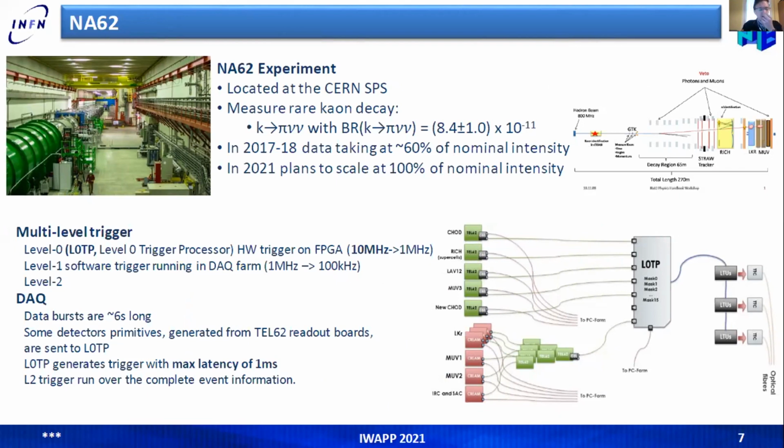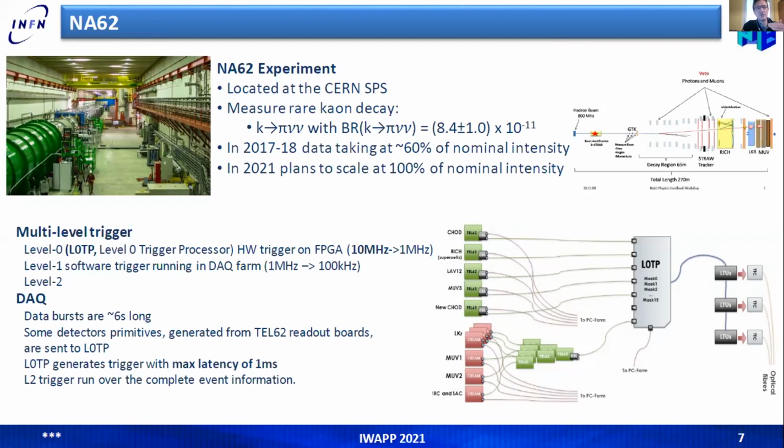It is an ultra-rare decay, and it needs a very intense kaon beam. This is a multi-level trigger experiment, because the high rate of the events must be reduced so that the data can be saved on storage and processed.